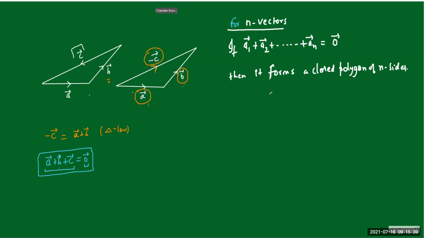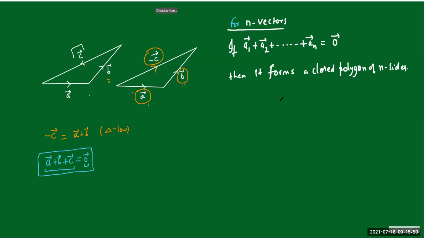That's the idea: whenever we have any number of vectors, and if they add up to 0, it means they are always forming a closed polygon. So for 3 it's a triangle, for 4 it's a square, maybe infinite. Okay, 5 it's something, then 6 something, 7 something, something like this.